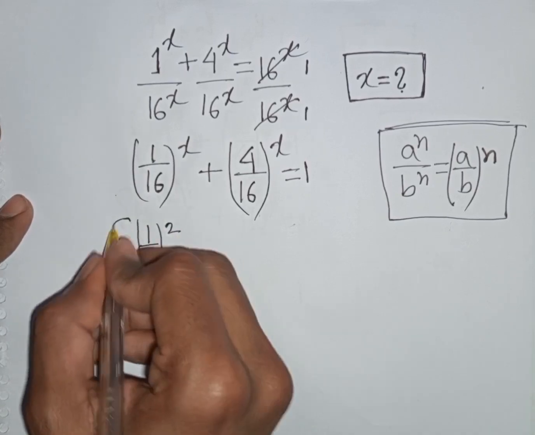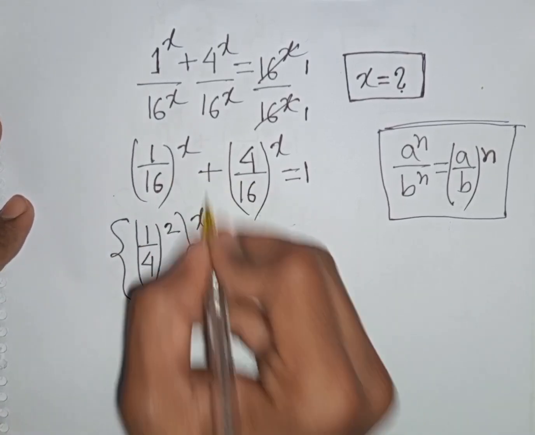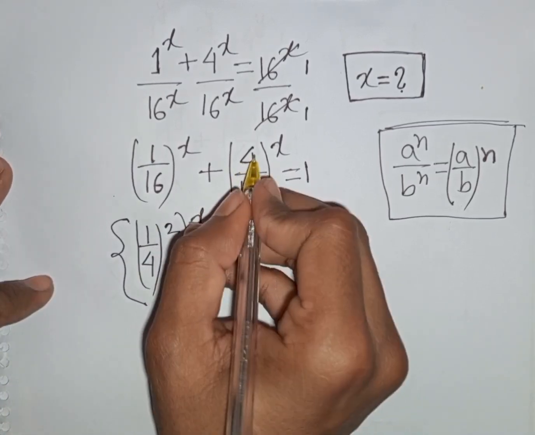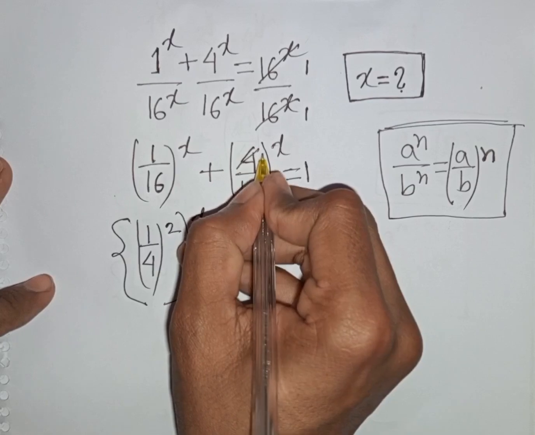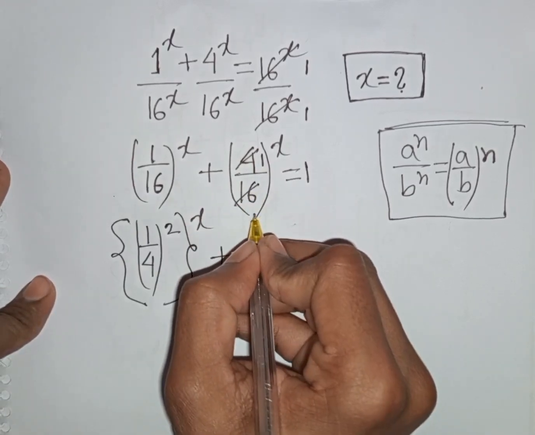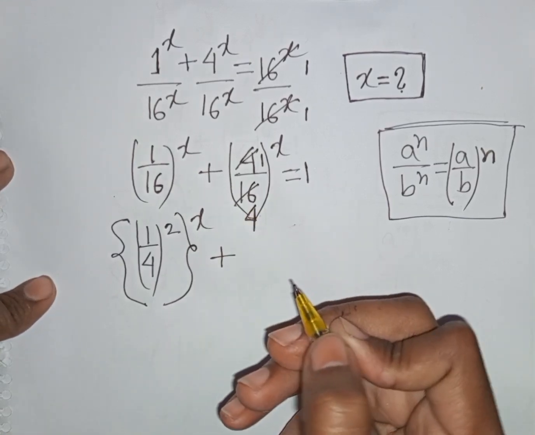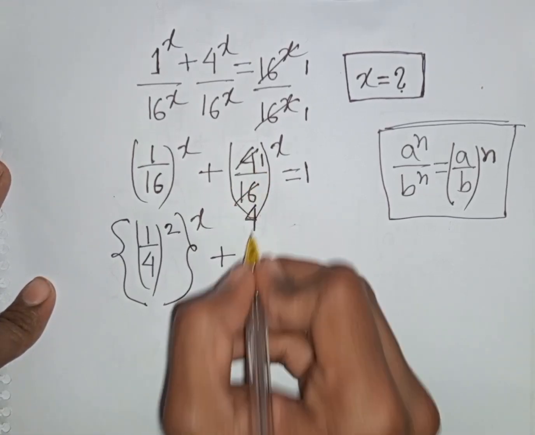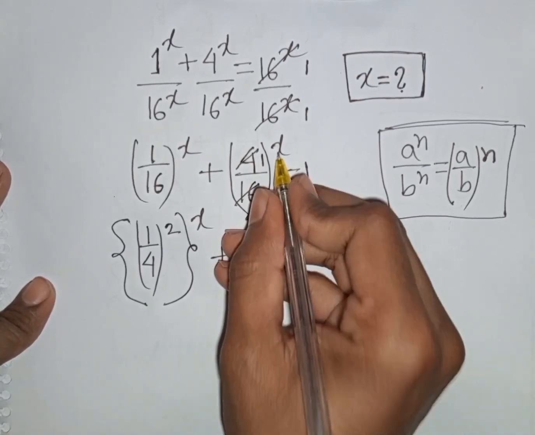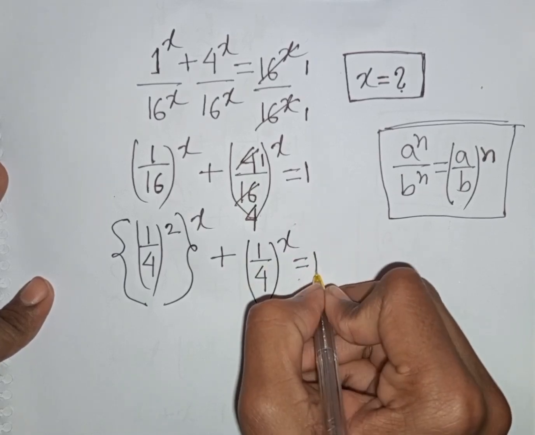Then this first bracket can be written as (1/4)^2 to the power of x, plus we see 4 divided by 4 means it will be 1, and 16 divided by 4 means it will be 4. So we have (1/4)^x is equal to 1.